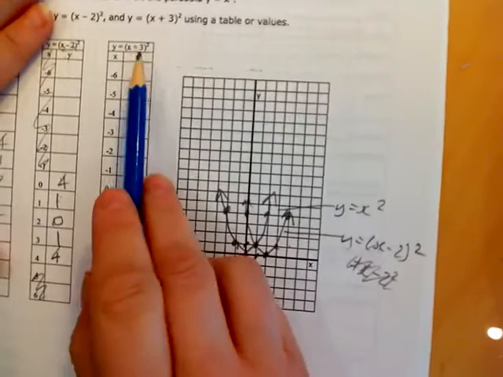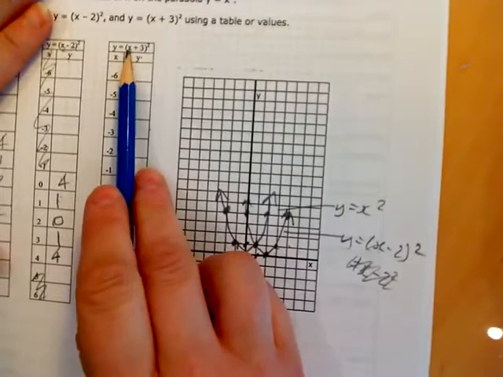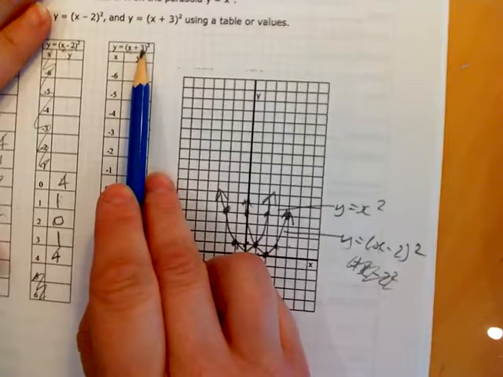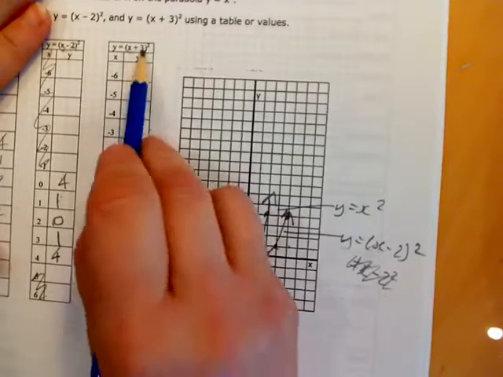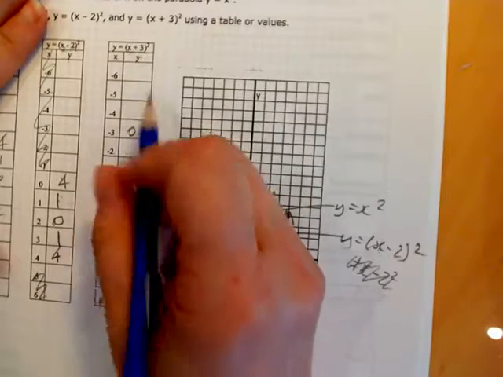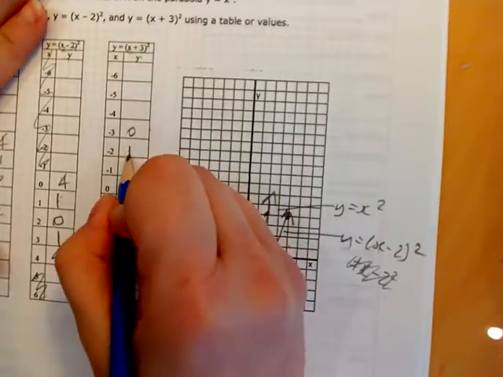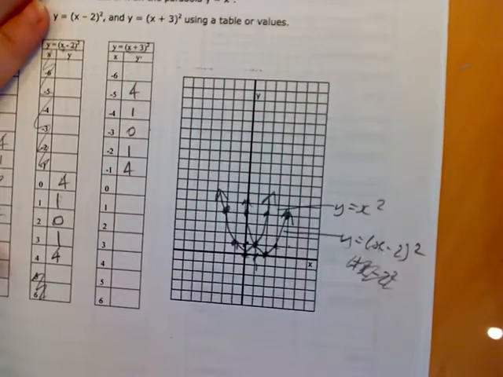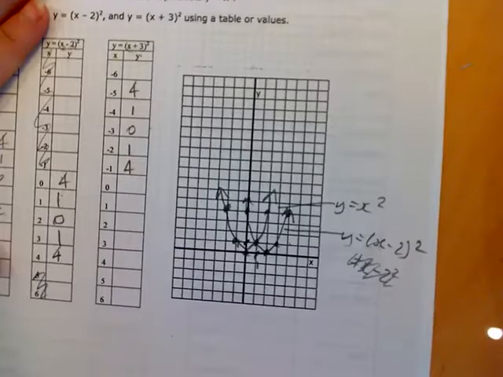Okay, let's go try this one now. What makes this bracket 0? What does x need to be to make that bracket 0? Yep, -3. -3 plus 3 is 0. So we've got 0 here. Then we've got -2 plus 3 is 1 squared. And of course, you do the work and you find out it ends up being exactly the same.